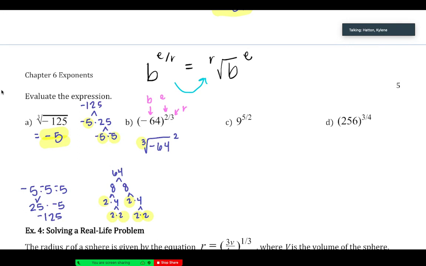So I have basically 3 pairs of twos, and each pair of 2 is just representing 2 times 2. So really each pair of 2 is 4 times 4 times 4. That means that the cubed root of 64 is 4. 4 times 4 is 16, times the third 4 becomes 64. And then because we're taking the cubed root of negative 64, that must be negative 4.